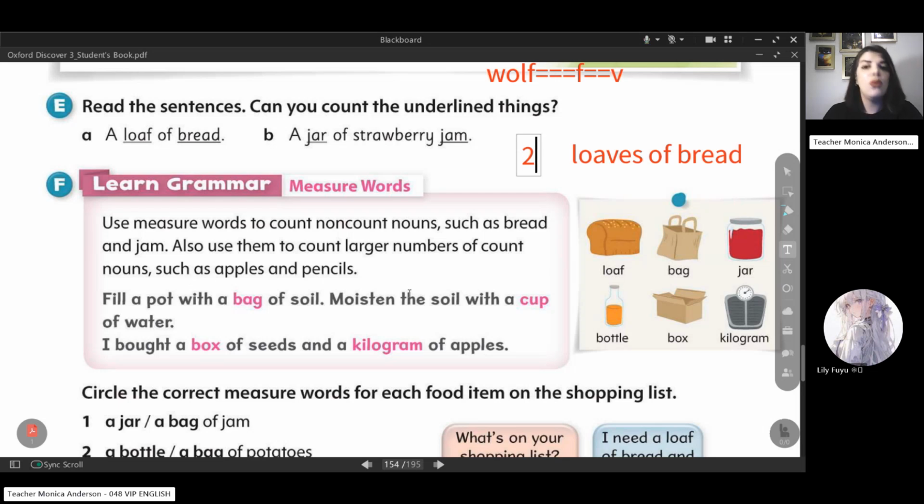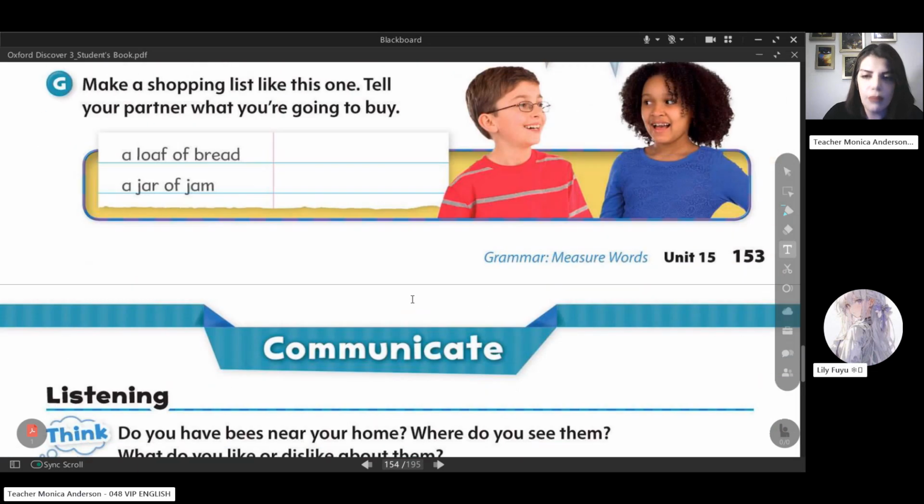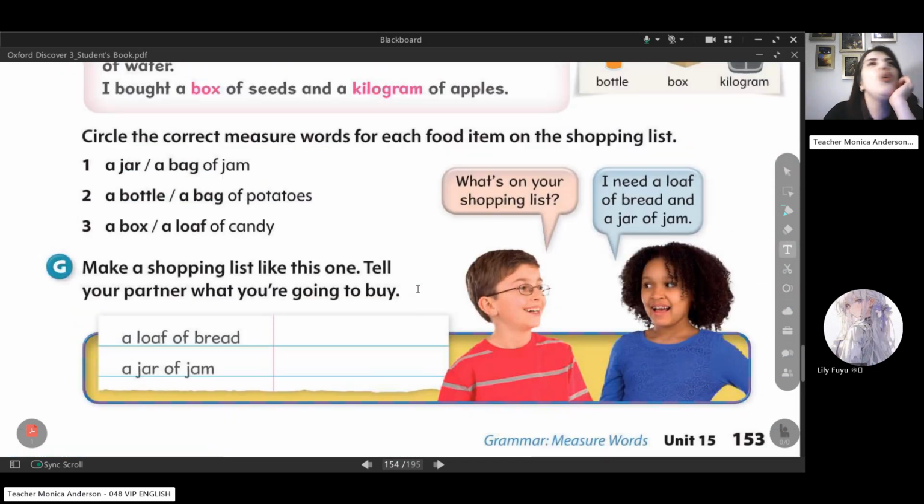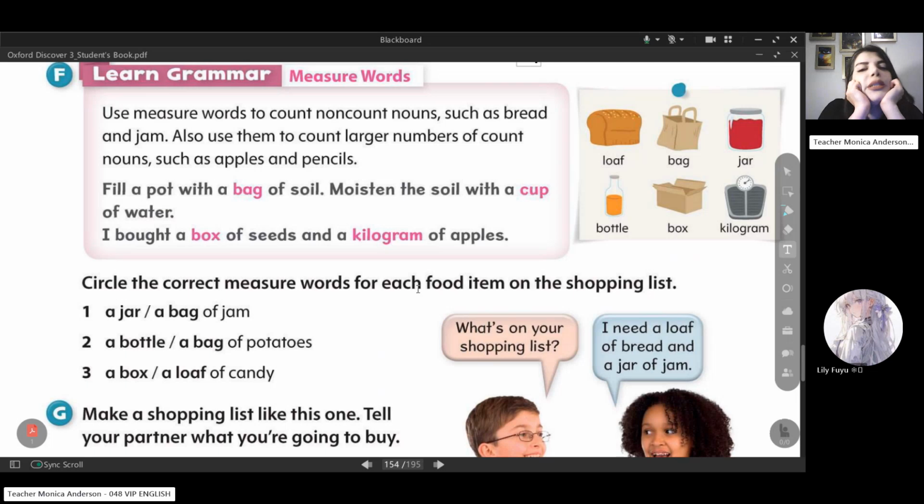For example, we can say 2 kilograms of apples. So you say, okay, teacher, but apple is countable. Yeah, but because we're going to talk about a large number of something, we need a measure word, okay? Now, do you know any other examples?